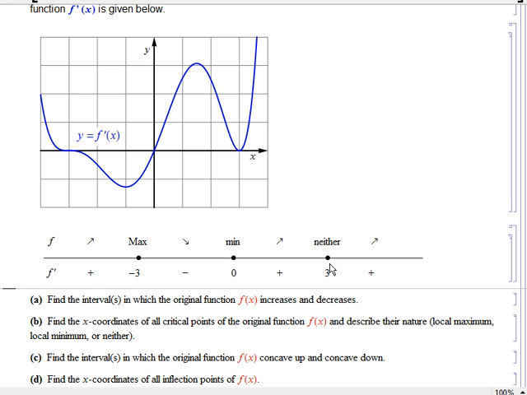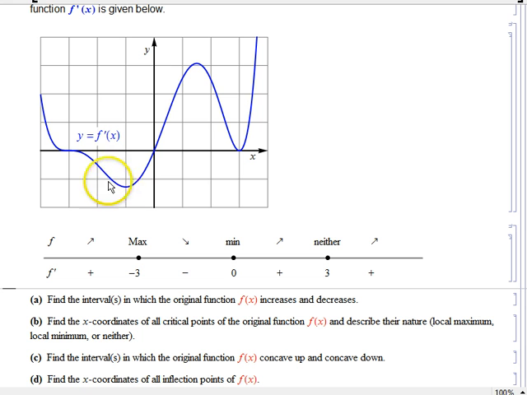And then let's find out the sign of the derivative function. Less than -3, so this part of the graph where my mouse is, the graph of the derivative function is above the x-axis, which means the derivative is positive here. Now, between -3 and 0, the derivative function is below the x-axis.